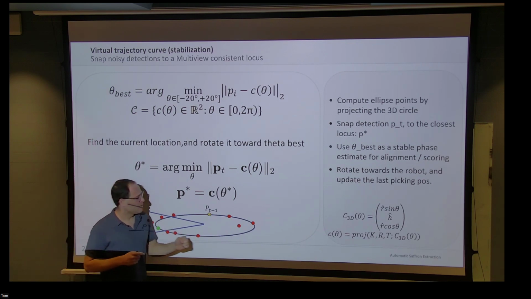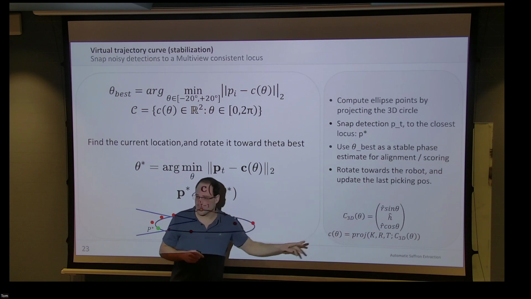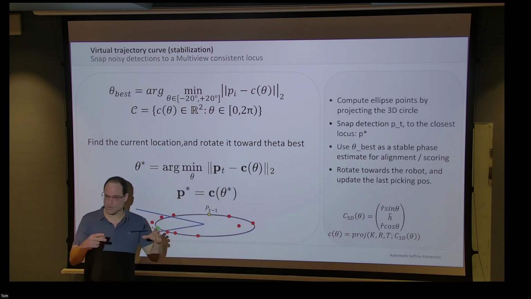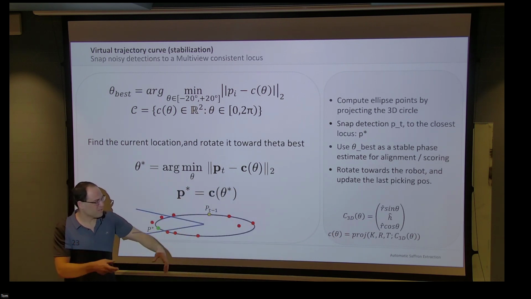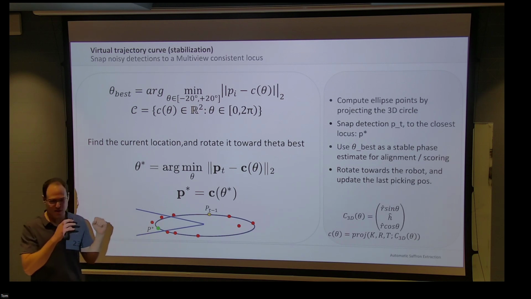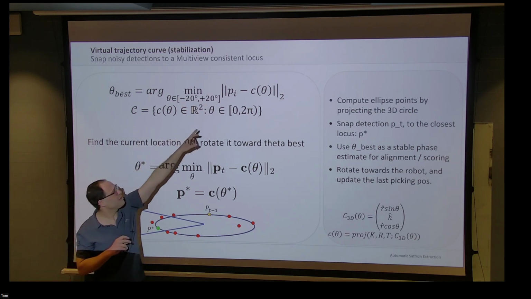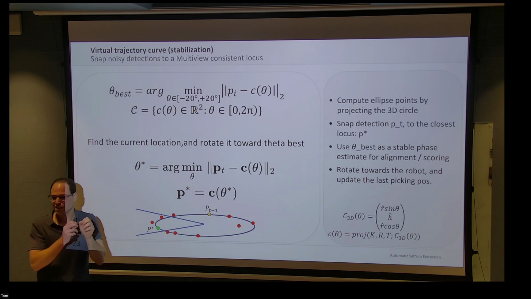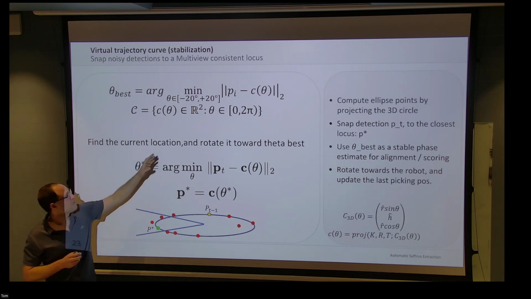Small c of theta is the projection of this point into the image plane. So we project it back to the image plane, and then in the image plane we can find a close enough point, and even exactly on the ellipse.